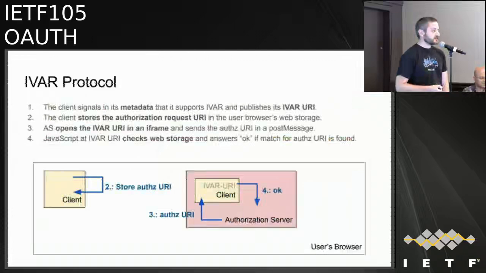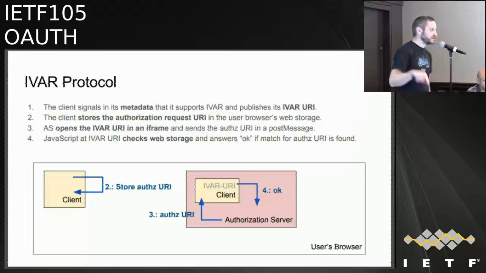The idea is that the client, in its metadata, publishes a so-called IVAR URI. The client then, before redirecting the user to the authorization server, stores the authorization request URI in the web storage of the user's browser, on its own origin, of course.